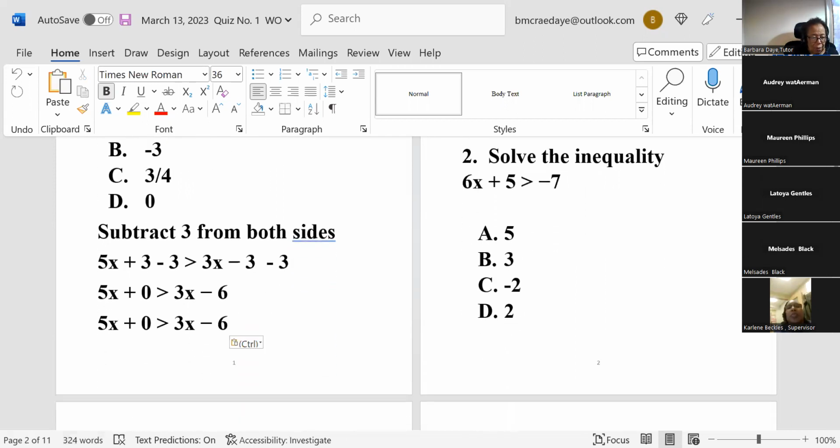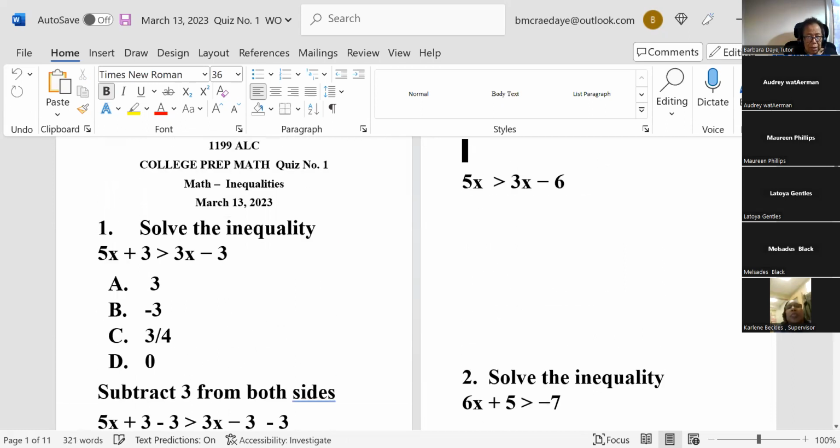And take the 0 out. And I will put this on the other side. Now what did you do, Mercedes? Because I want to get the x on one side. Yeah, you want to get all your x's on one side.